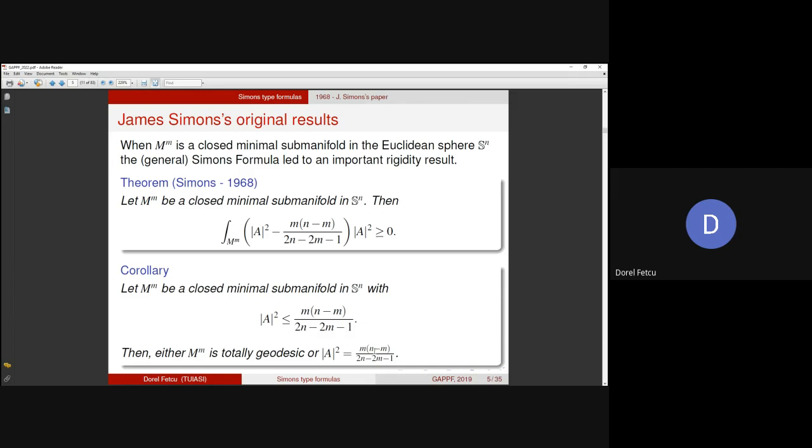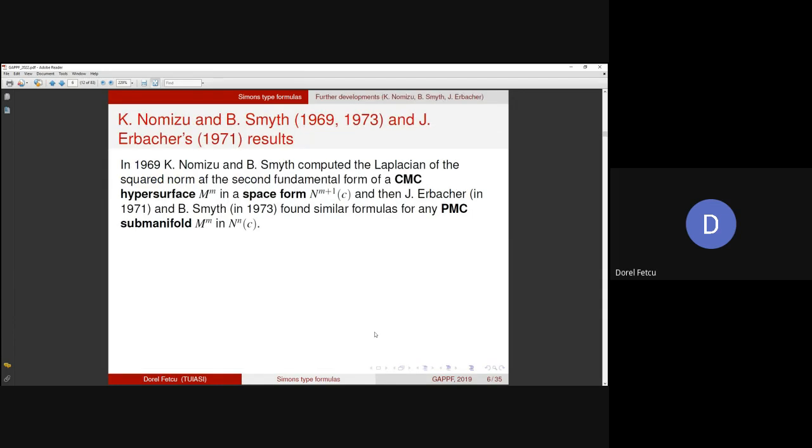So at the same time, we have a rigidity and gap result for such submanifolds. This was the first result of this type in a very long line of similar important results.